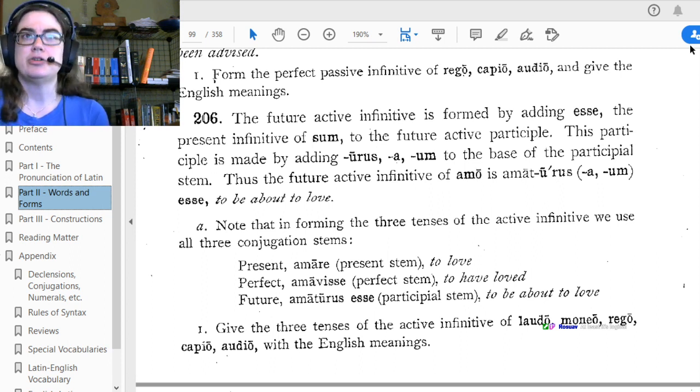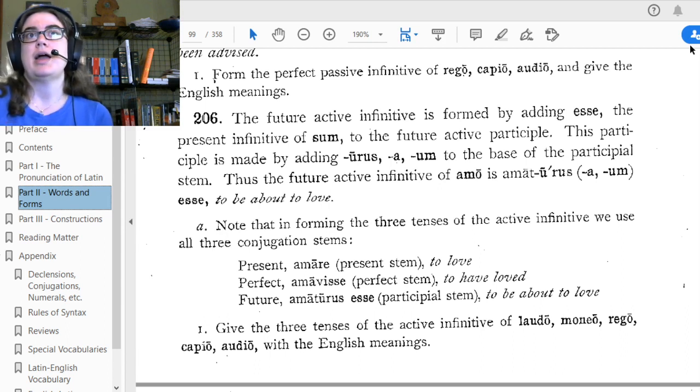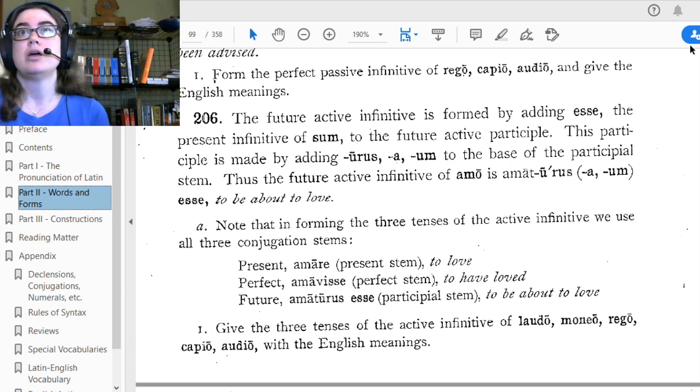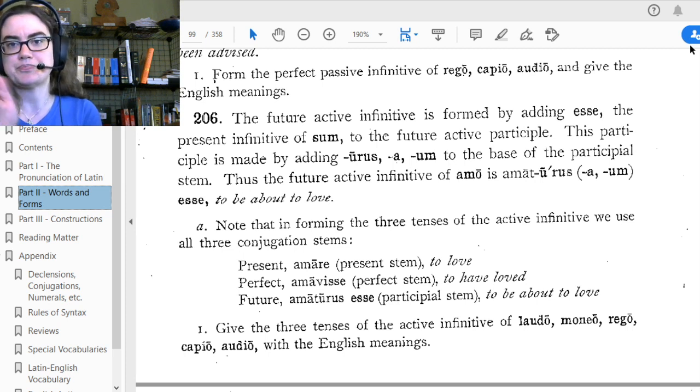All right, so how do you form the future active participle? Well, you take the perfect passive participle and you add urus instead of just the us. So this participle, the future active participle, is made by adding urus to the base of the participial stem, which he has taught that the participial stem is the fourth principal part minus the us, or the adjectival ending.